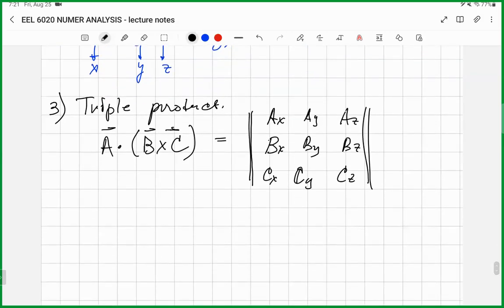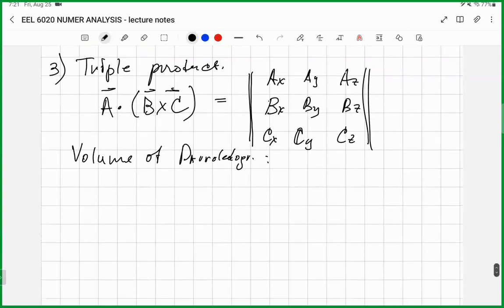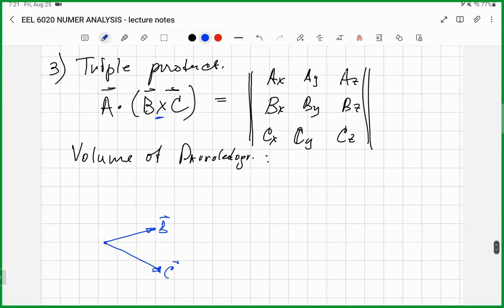And geometrically, it is the volume of the parallelepiped based on these vectors. So if you have this vector b here, then some vector c here, the cross product generates the vector orthogonal to b and c.